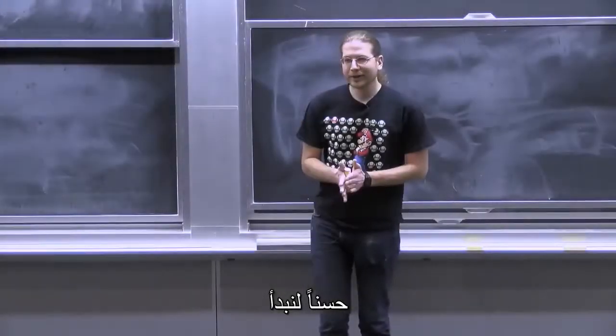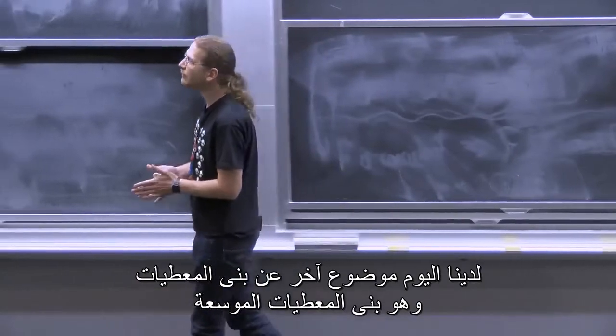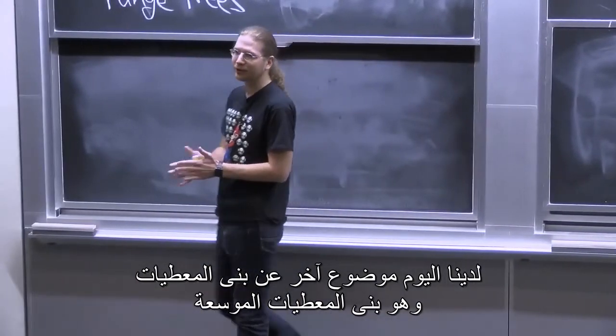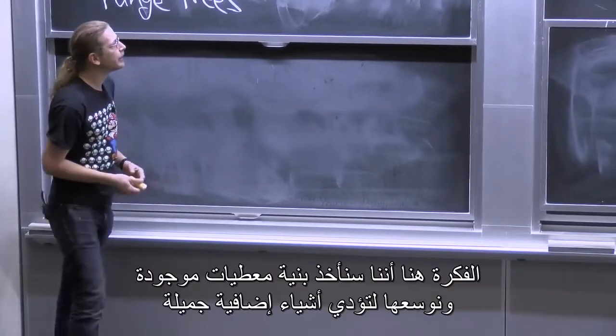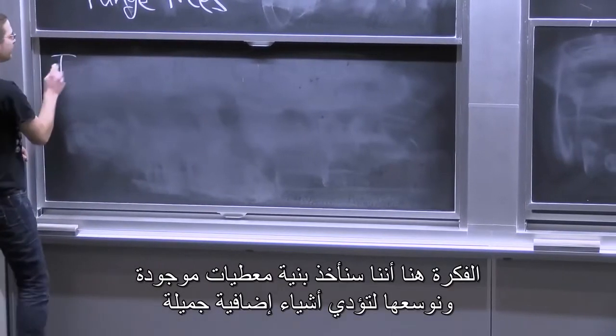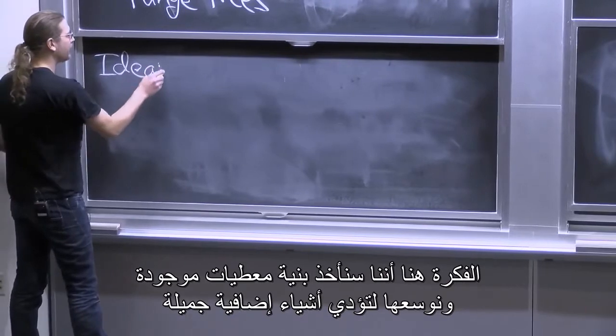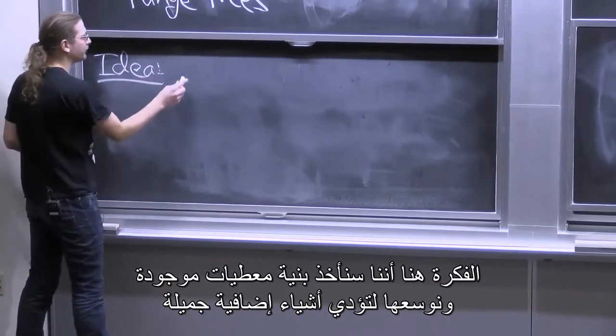All right, let's get started. Today we have another data structures topic, which is data structure augmentation. The idea here is we're going to take some existing data structure and augment it to do extra cool things.